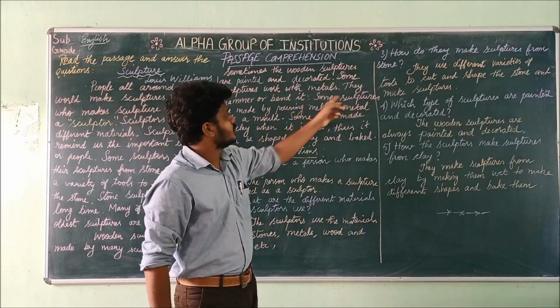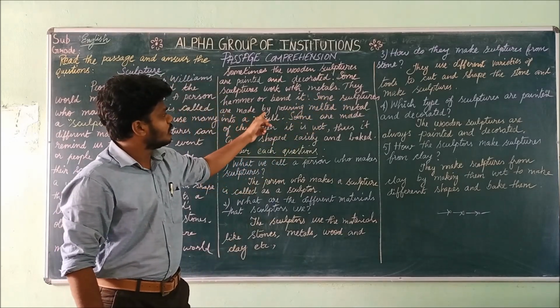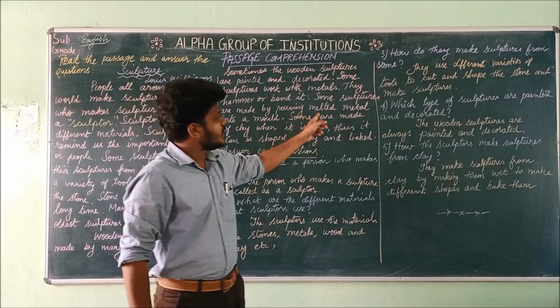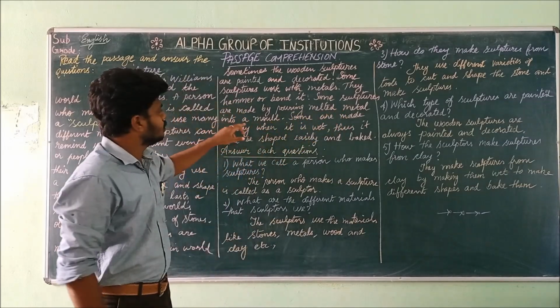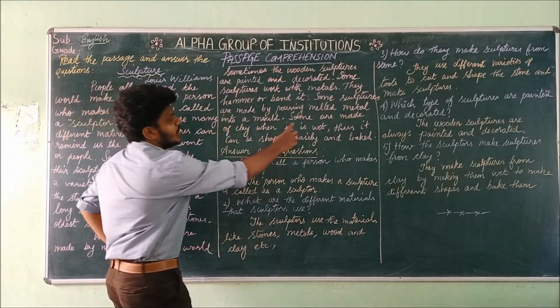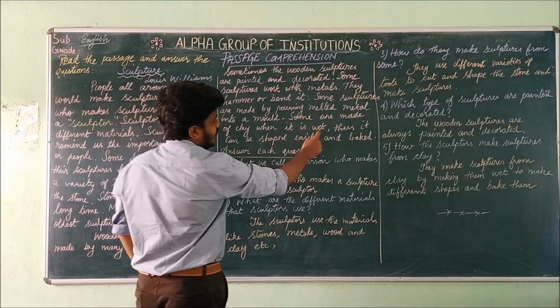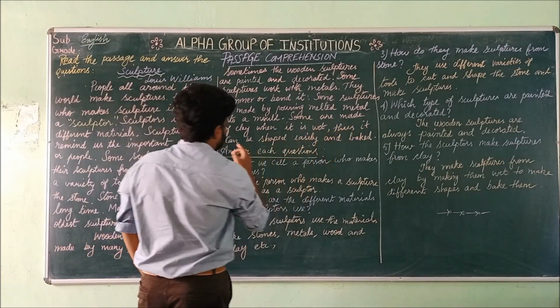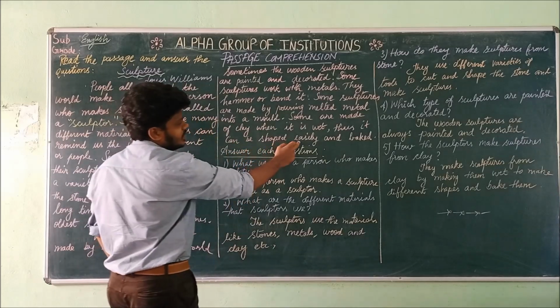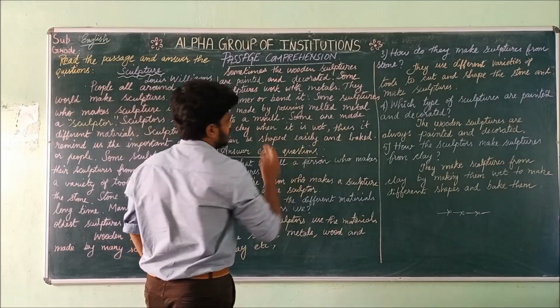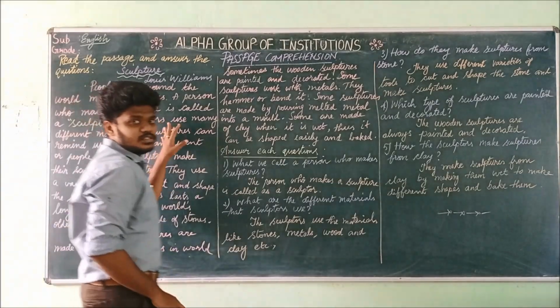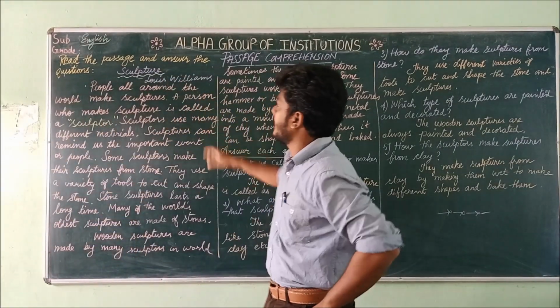Some sculptures are made by pouring melted metal into a mold. Some are made of clay when it is wet. Thus, it can be shaped easily and baked. So, this is the passage given here.